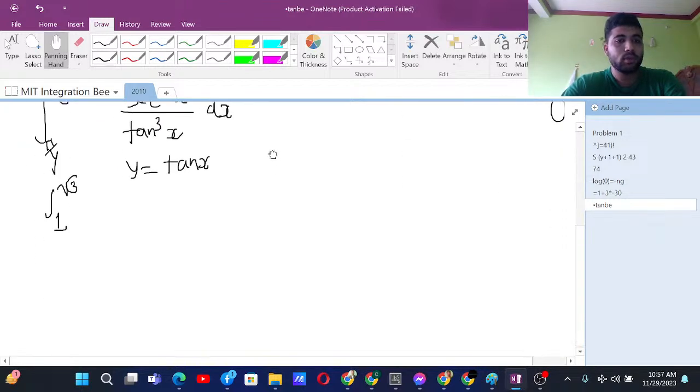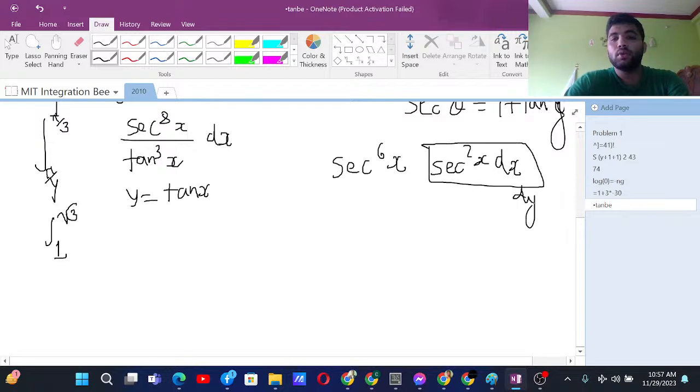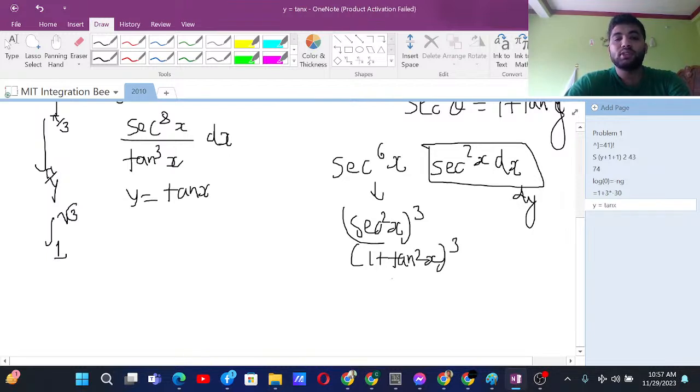Okay, and then we can change that to sec to the power 6 x and sec square x dx, so that we can keep sec square x dx as dy, and we can change this to cube of sec square x. And now sec square x is just 1 plus tan square x and its cube, and tan square x is just y, so 1 plus y square cubed.